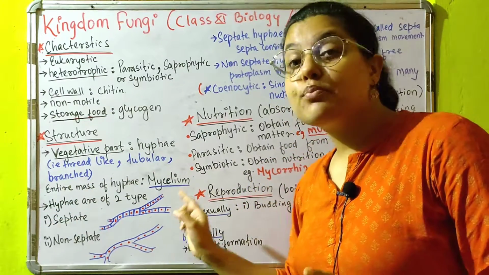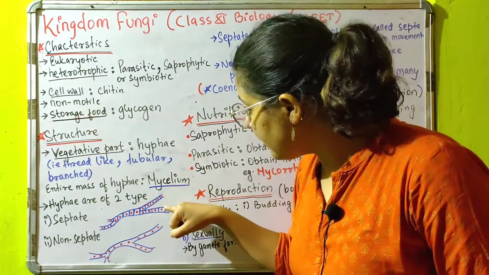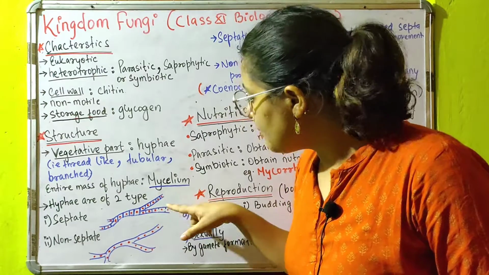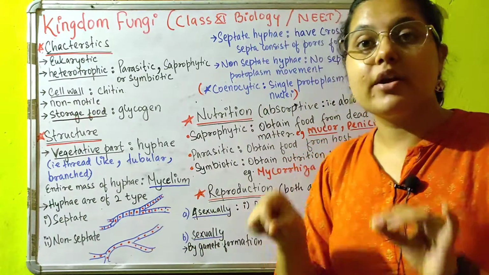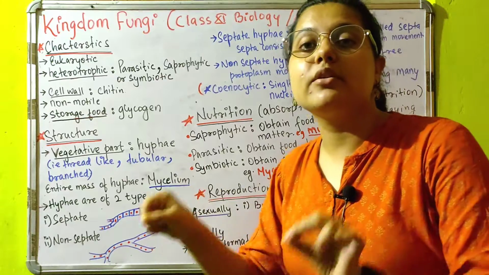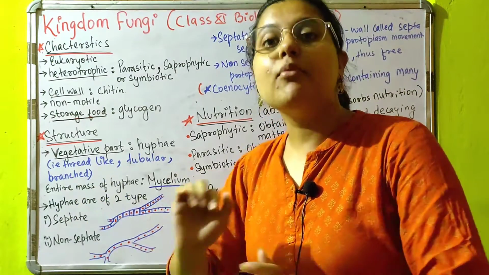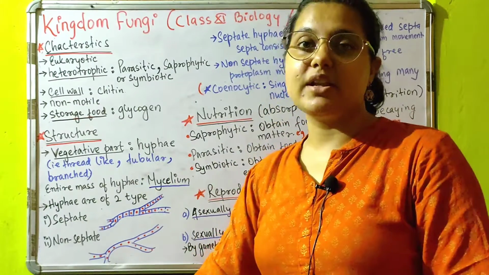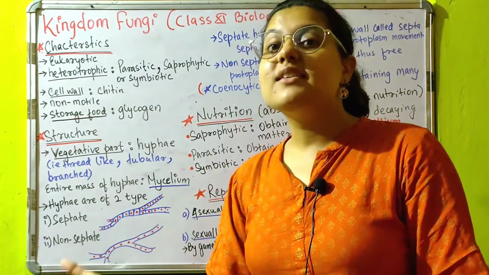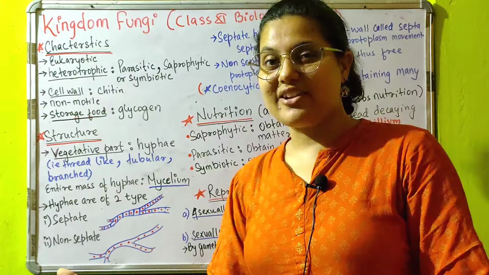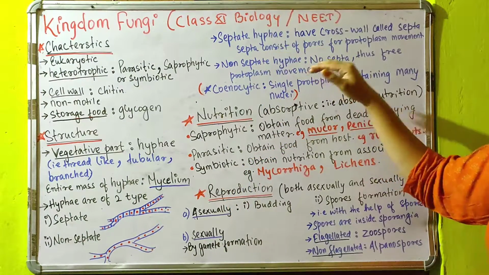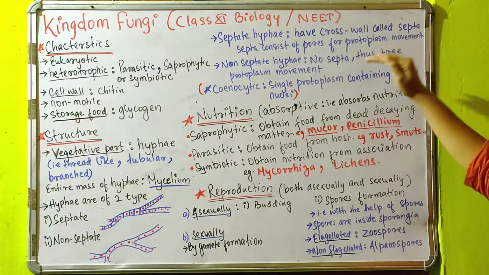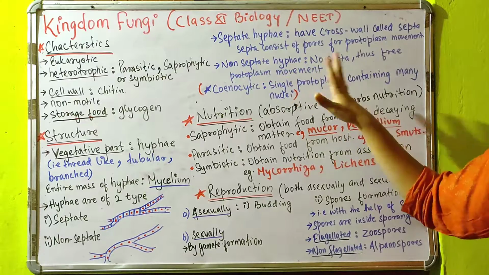That is why there is a pore in the septa, from where nutrition, water, and minerals travel from one protoplasm to another. But in non-septate hyphae there is no requirement of any pore, because there is no septa or boundary. So there is free movement of protoplasm.